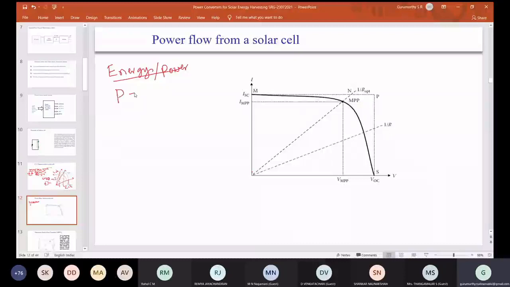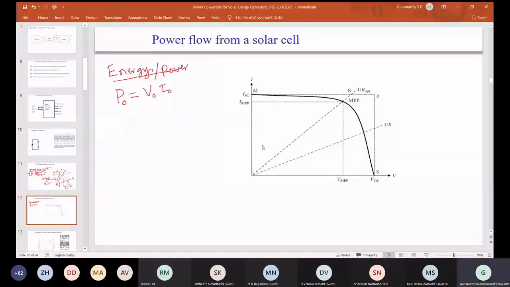Power output equals voltage output into current output, V into I. We are interested not only in voltage or only in current. Voltage may be very high, but if you are not able to draw current, then there is no use. So we need the power, and let us understand how much power we can draw from this source.